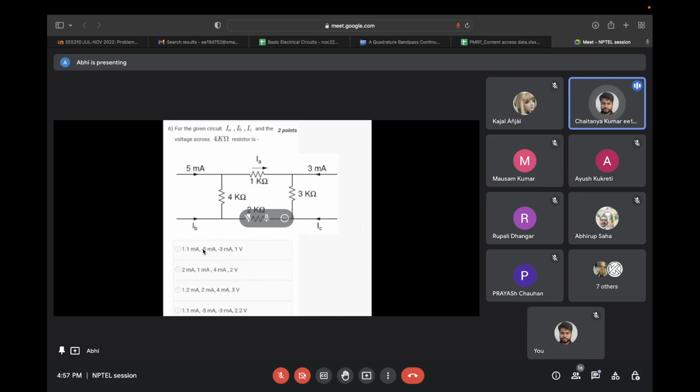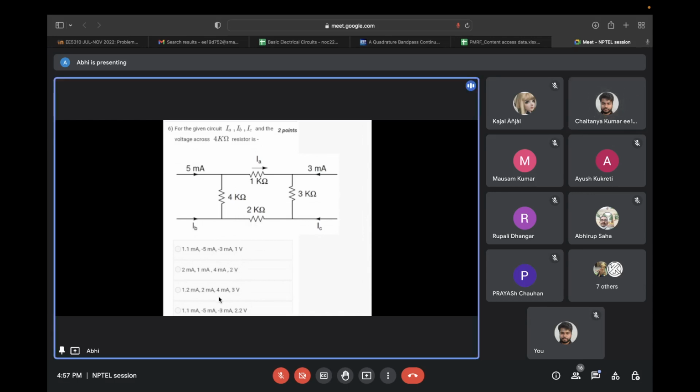So either it will be option A or D. In both cases, you have 5 milliamps, and the currents IB and IC are the same. So you can use these currents and proceed forward. If the options were not given, you couldn't have solved this question. But options are given in such a way that only one of the options will make sense.